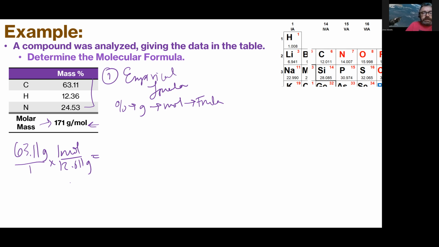Hydrogen is 12.36 grams, and 1 mole of hydrogen is 1.008 grams.